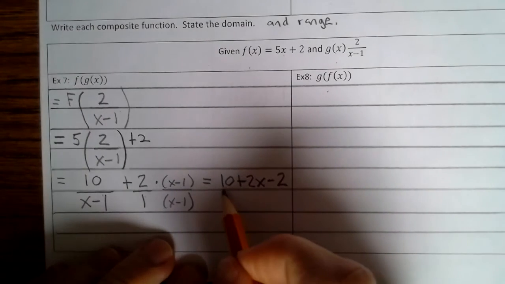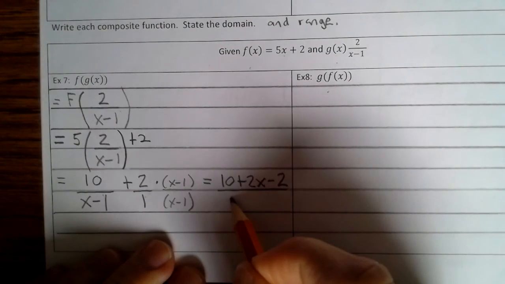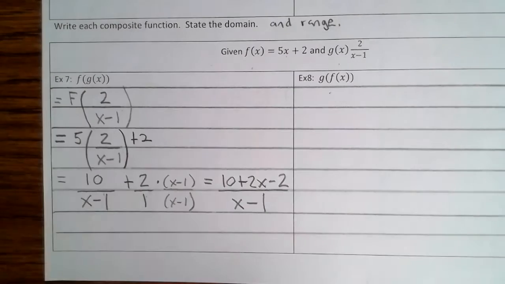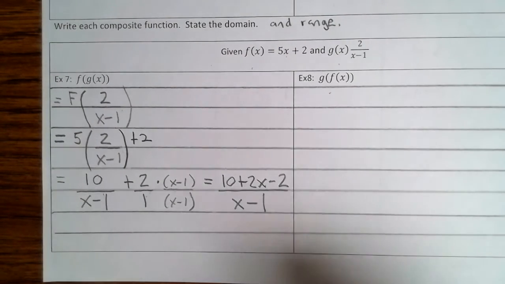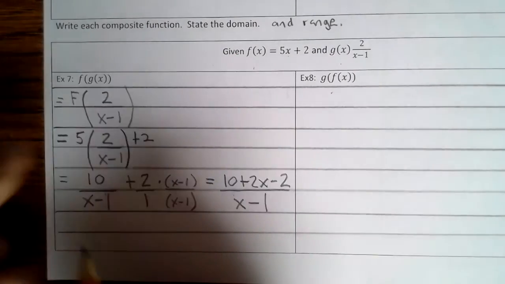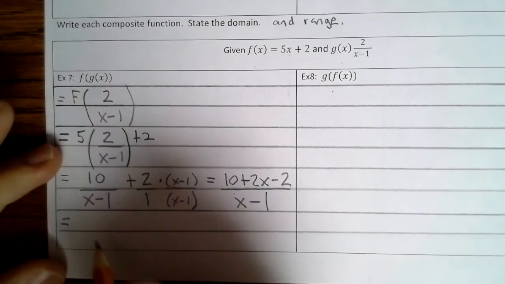Well, simplify the numerator, so 10 minus 2 is 8. So this is 8 plus 2x divided by x minus 1.